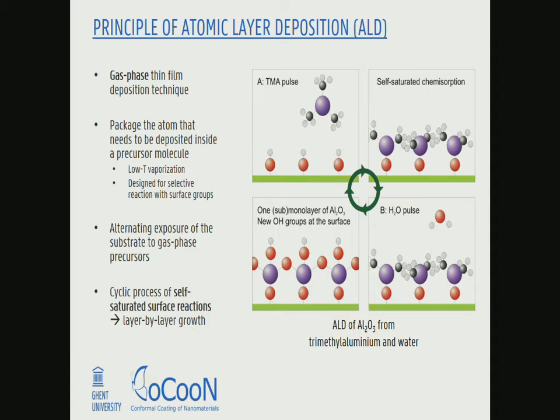And the nice thing is that you have actually regenerated your original surface groups. This regeneration allows you to do this in a cyclical way over and over again. So it's a cyclical process where, as the name says, layer by layer, you're building up your film.